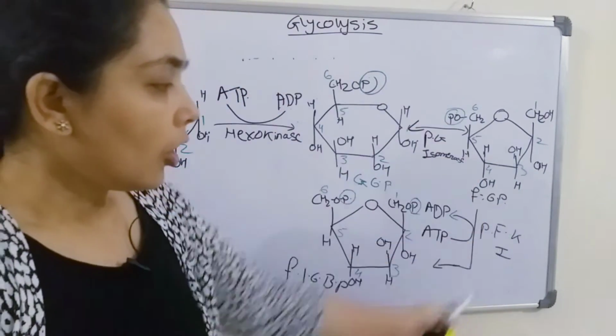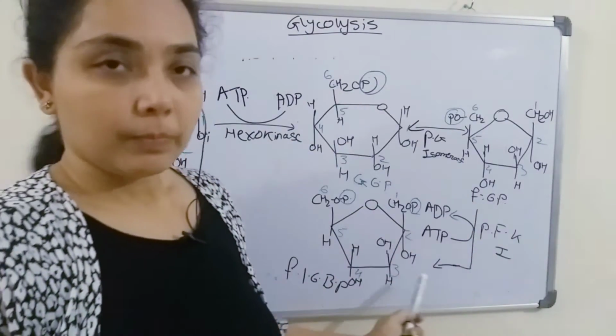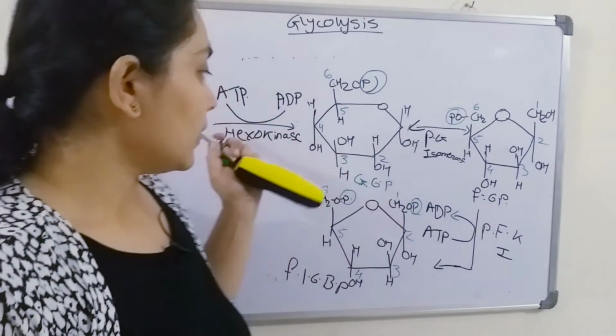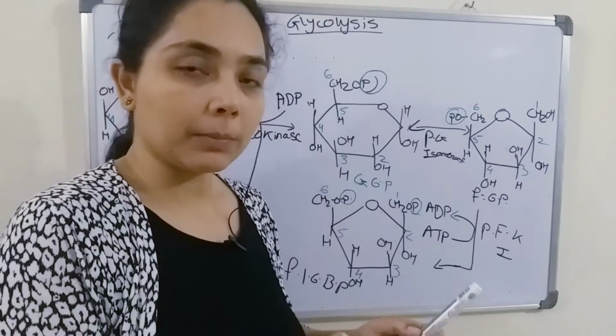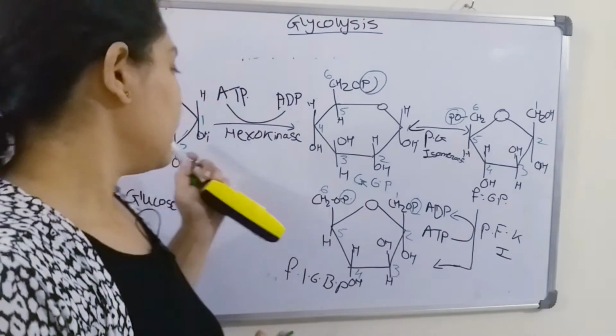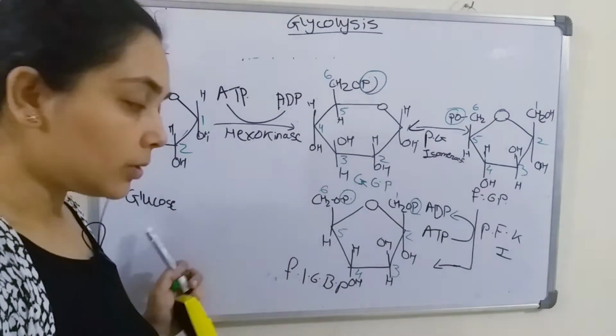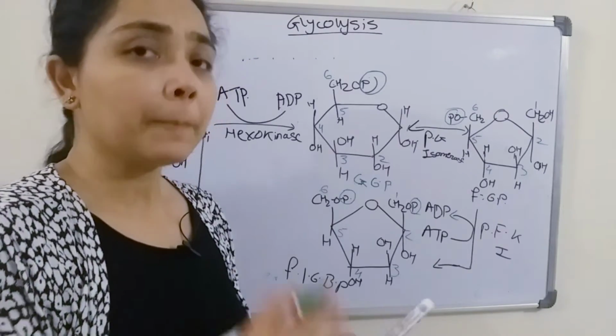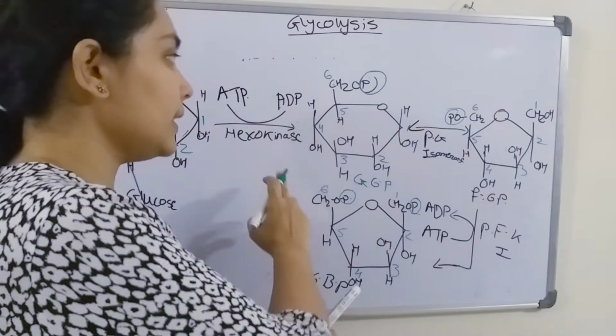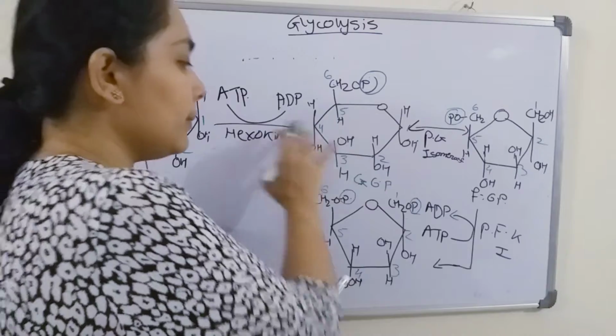Up till now, all the products which we get, starting from the glucose, are 6 carbon compounds. This step, starting from the glucose up till this fructose 1,6-bisphosphate, is known as the preparatory phase. Why preparatory phase? We can see here that 2 molecules of ATP will be utilized.